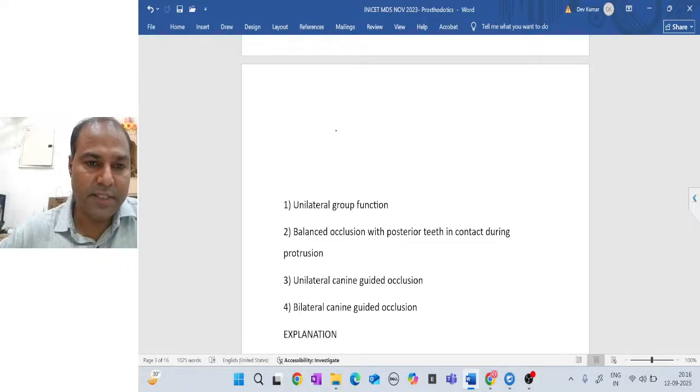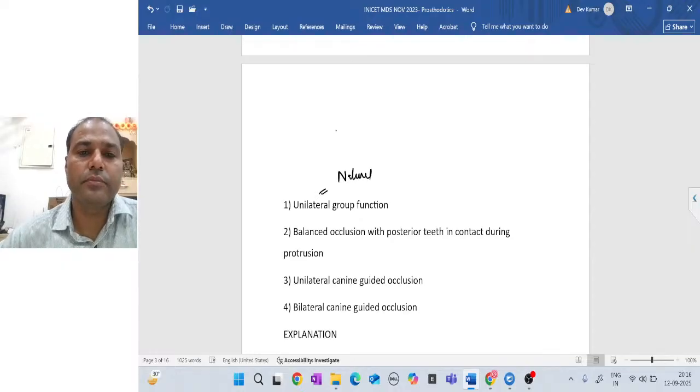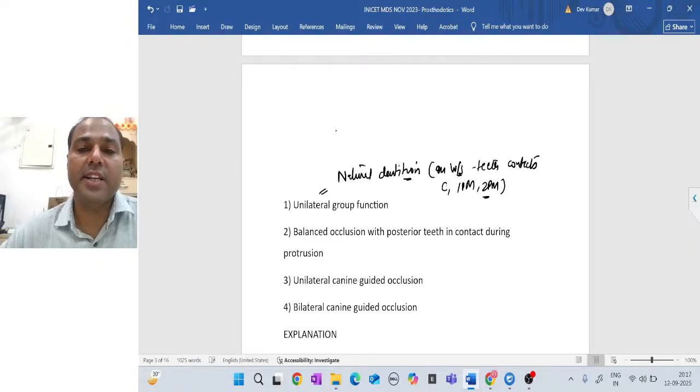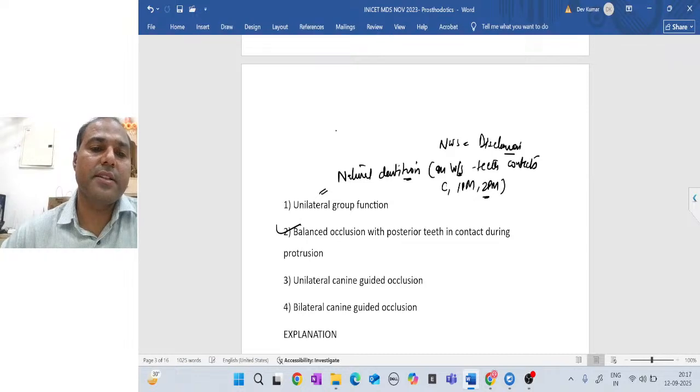Why? Because see, unilateral groove function is again in natural dentition. That is on the working side. The teeth contact canine, first premolar, second premolar, okay, and maybe the mesiobuccal cusp only on the working side, and on the non-working side it is disclusion, nothing contacts. This is the right answer that I've told you.